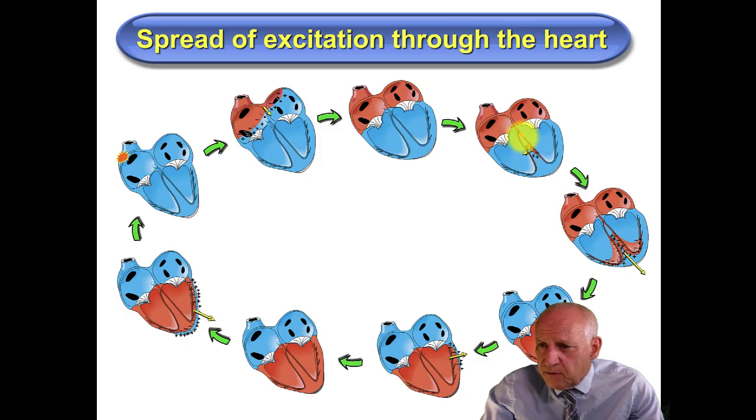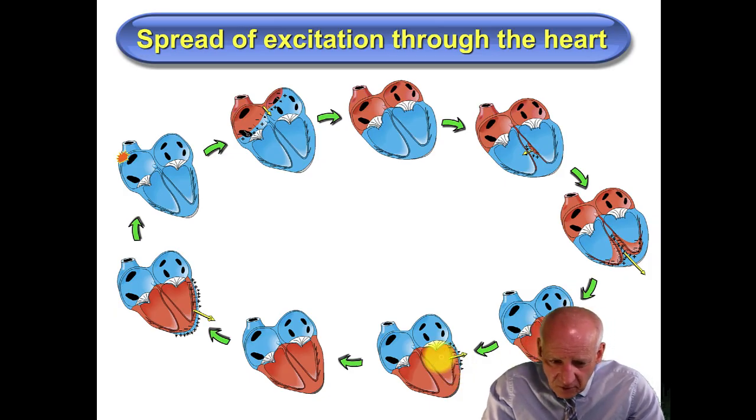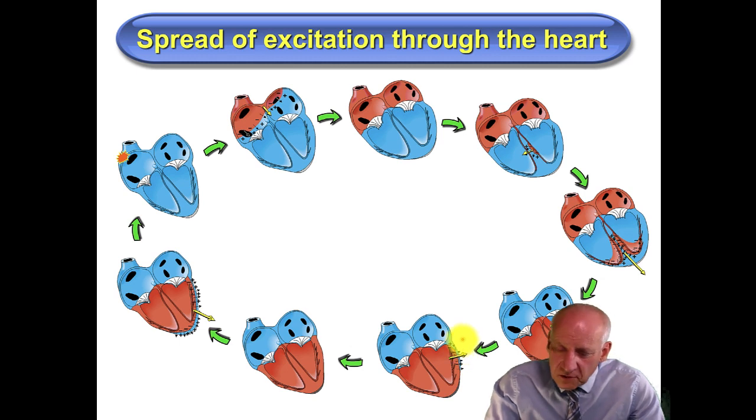The first part of the ventricles to depolarize is the left portion of the septum. The apex of the septum is then depolarized. The right part of the ventricle depolarizes predominantly first, and then the very last portion of the ventricle to depolarize is the epicardium of the left ventricle.